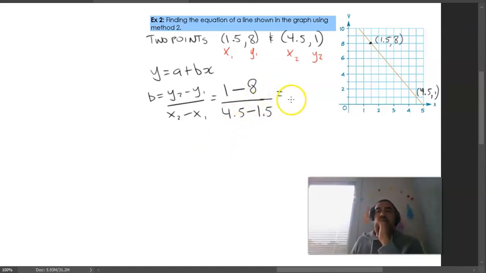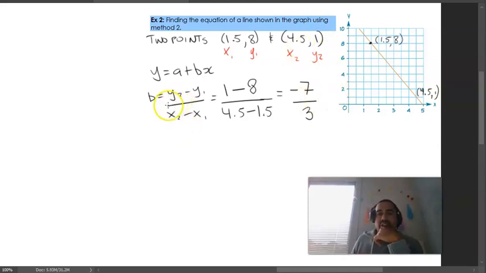In this case, 1 minus 8 will give us negative 7. And 4.5 take away 1.5 will give us 3. So in other words, for this graph, every unit that it's going across by 1, it's going down by 7 over 3 units, or it's going down by 2.33333 recurring.